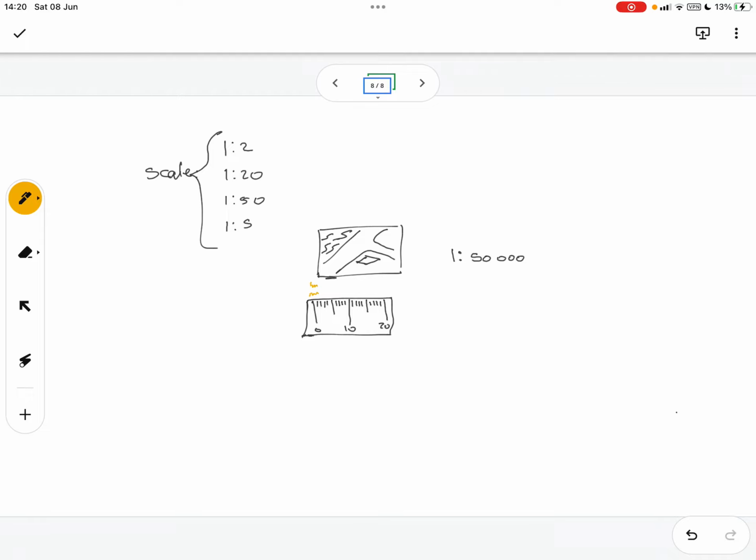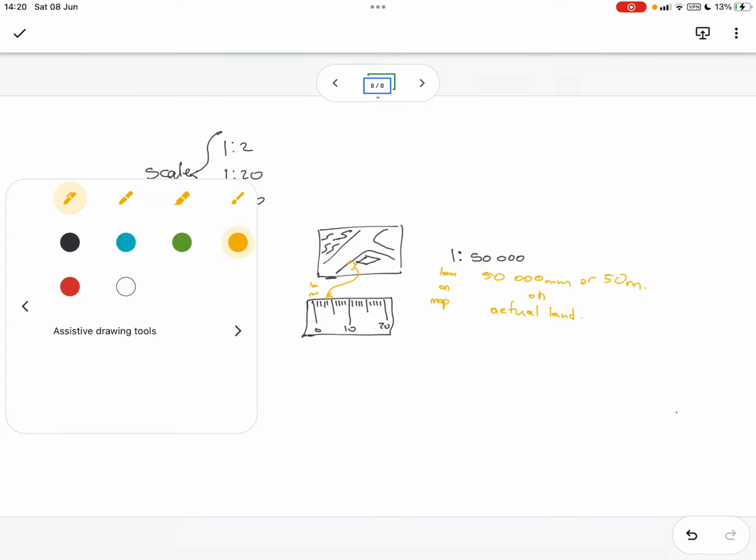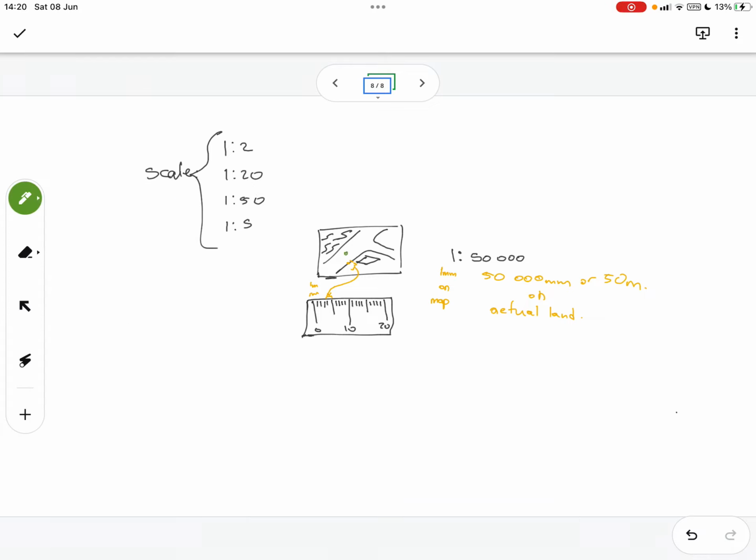Right, if I take this ruler and I measure something on this map here, and the scale tells me it's 1:50,000, what that tells me is that when I measure 1 millimeter here, then on actual land, 1 millimeter on the map is 50,000 millimeters on actual land, or 50 meters.